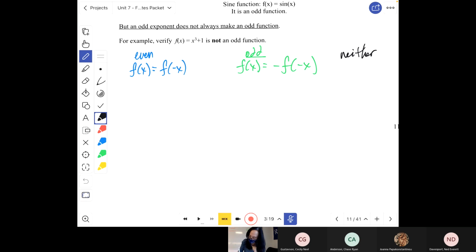So let's take this function. My original function is x cubed plus 1. To try to demonstrate that it's even, I would take the function, and everywhere I see an x, I would substitute it with negative x.